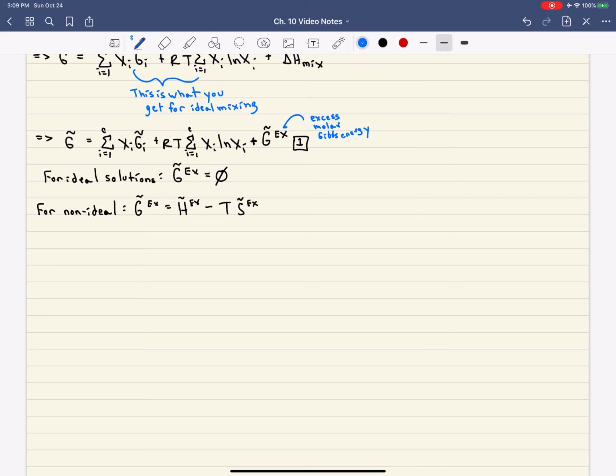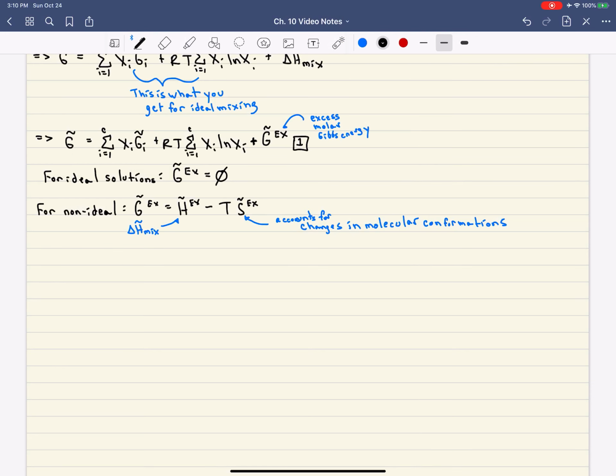Where your enthalpy excess would be your change in enthalpy upon mixing, and your entropy excess would account for changes in molecular conformations or molecular sizes. Okay?